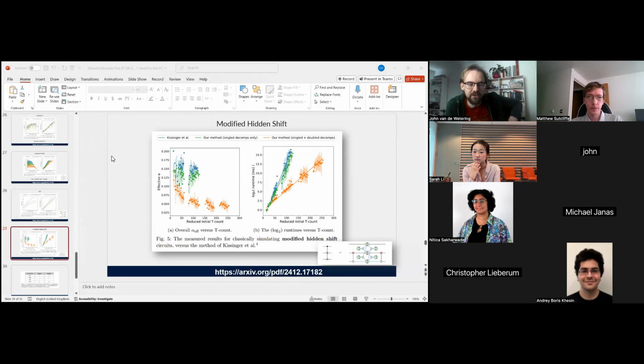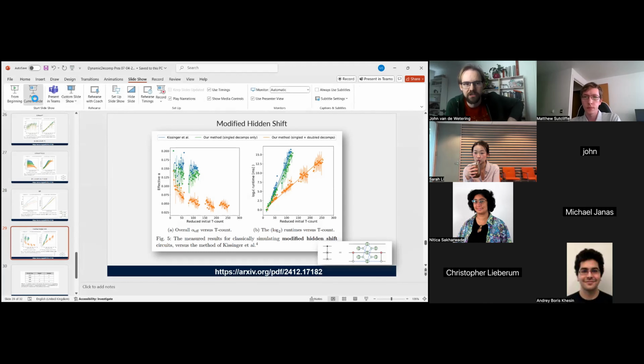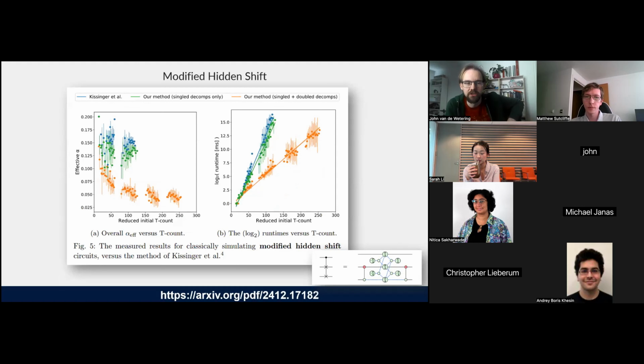With the Toffoli gate, there's a trivial decomposition that reduces the 7 T gates in a Toffoli to 2 terms. So I guess your initial T count is considering every Toffoli times 7, but for the alpha terms, you could consider the trivial case where each Toffoli gate introduces 2 terms. I'm wondering if you did anything with this information, that you know the Toffoli gate has this kind of decomposition. I know there was a different paper where they considered these decompositions. So I think the blue bar here is just the Kissinger decomposition, that's just the cat decompositions and the magic five.